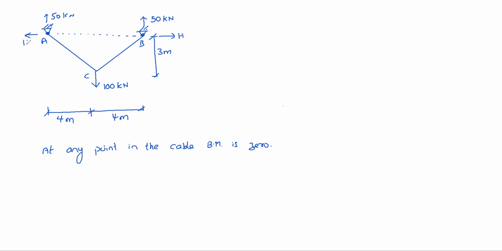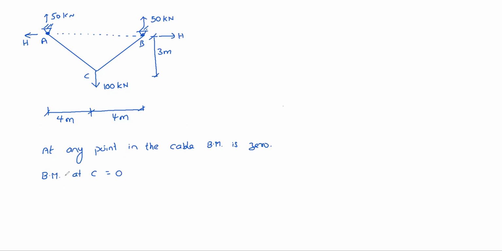How to find the horizontal reaction: bending moment at C is 0. The cable cannot sustain any bending moments, okay? That's why bending moment being 0 at any point in the cable is a clue for us to find unknowns. Here H is unknown, the horizontal thrust, horizontal reaction, so that you can work out, okay?